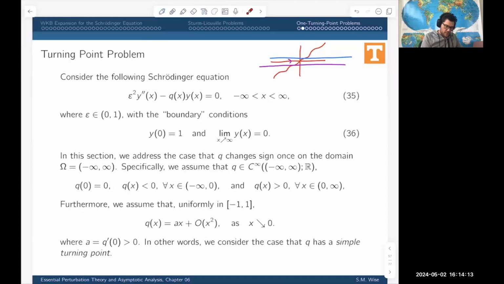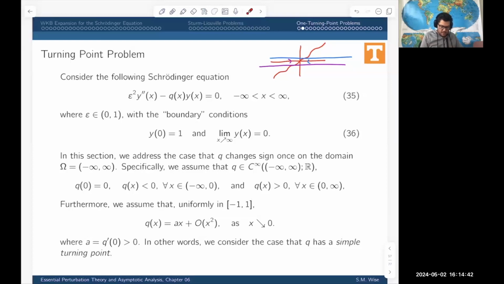So for this side, let me reiterate: Q is bounded away from 0 and Q is positive. And on this interval, Q is bounded away from 0 and is negative. And then it crosses, meanders up through x equals 0. It has a 0. And then, of course, it's positive thereafter.